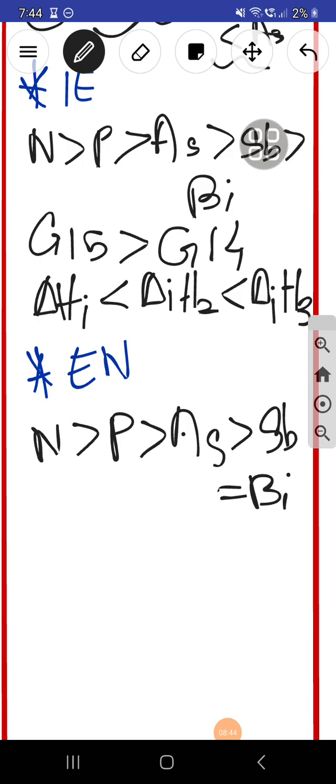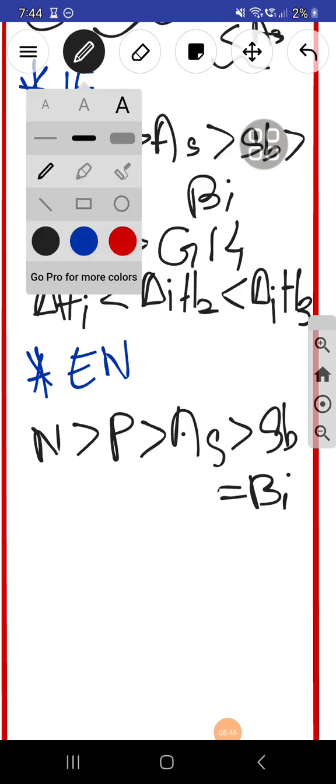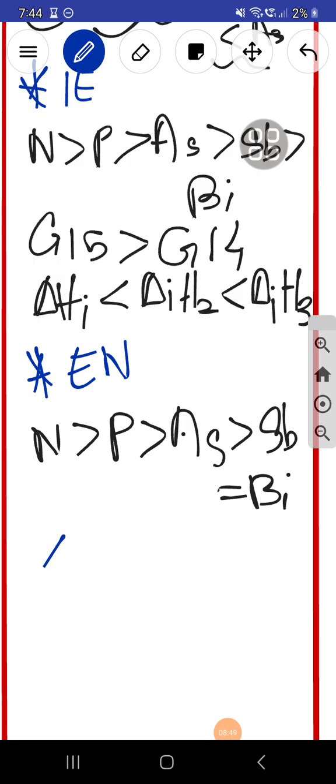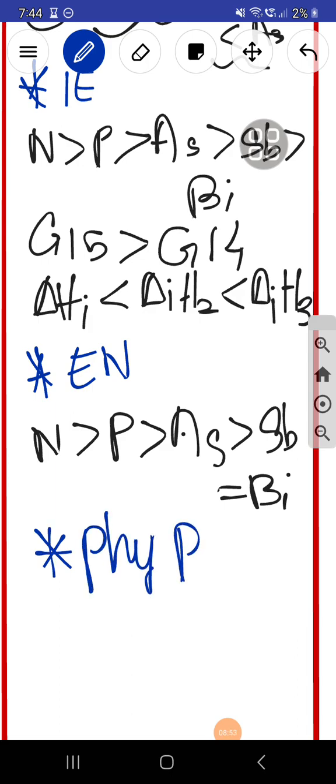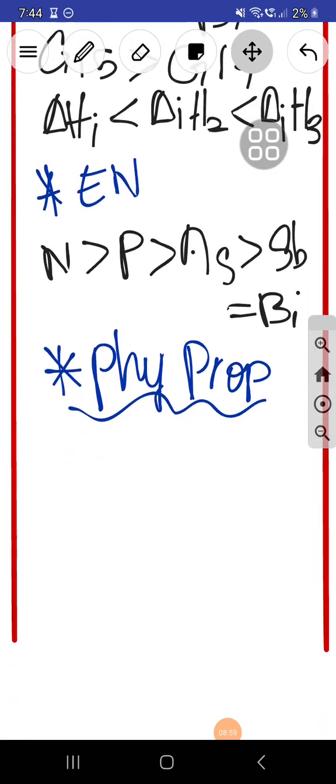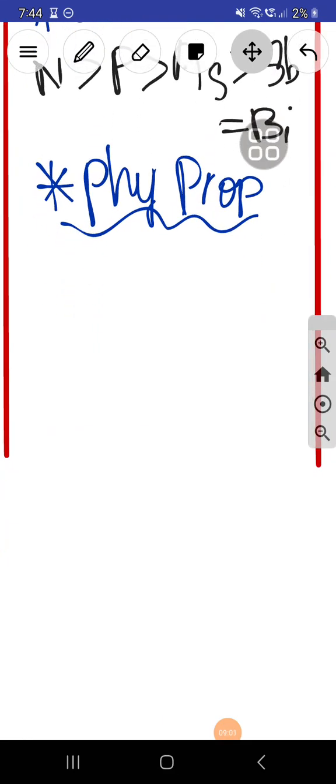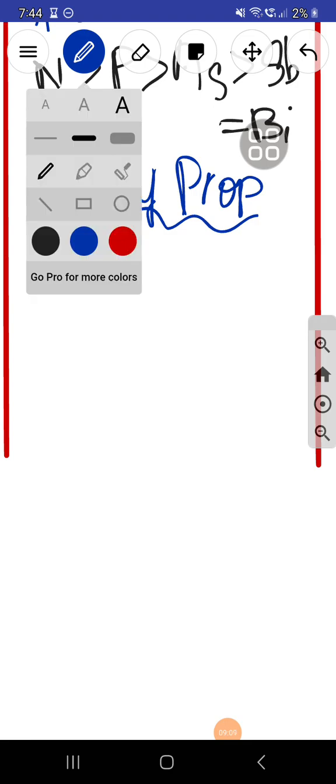Next, what we have to learn is its physical properties. These are all short forms. So what are the physical properties that we have? All the members are polyatomic.